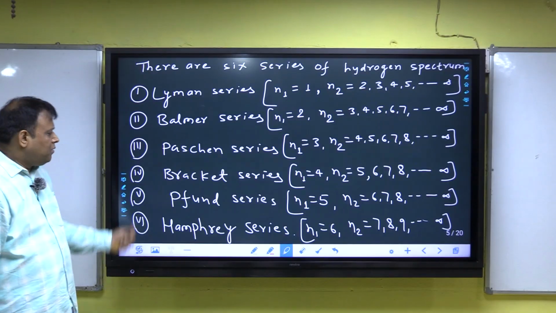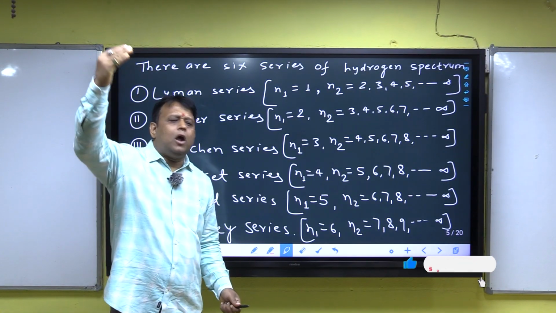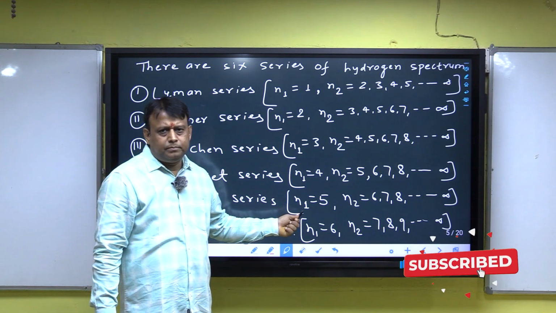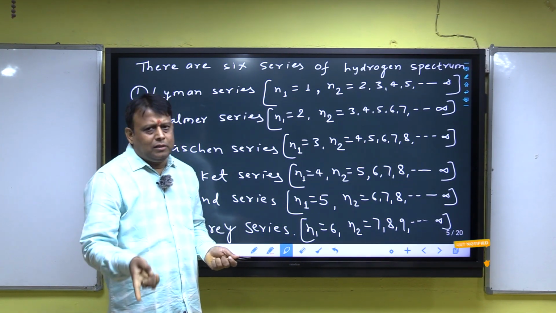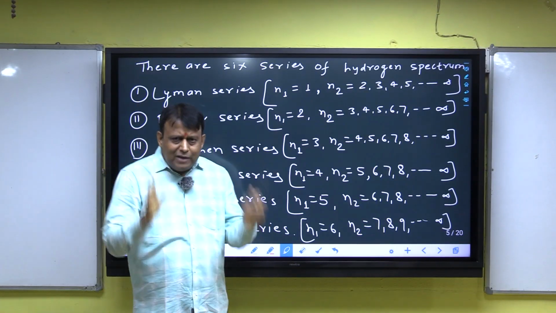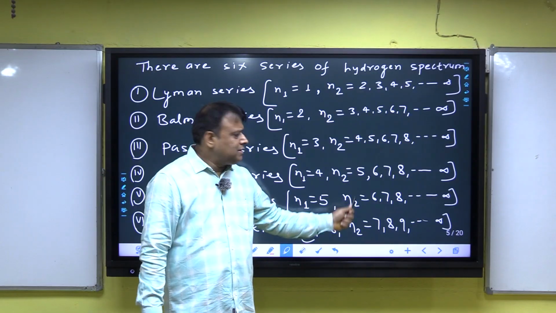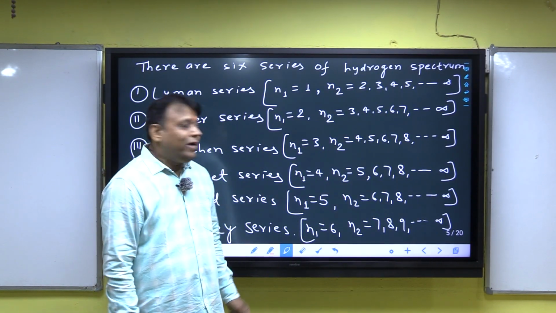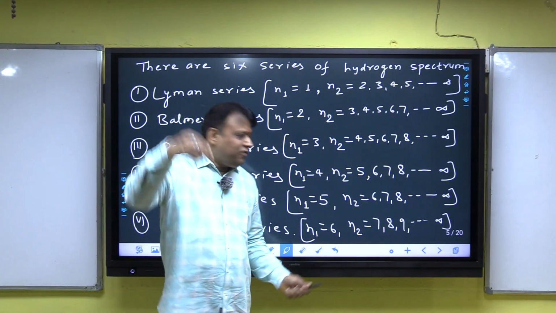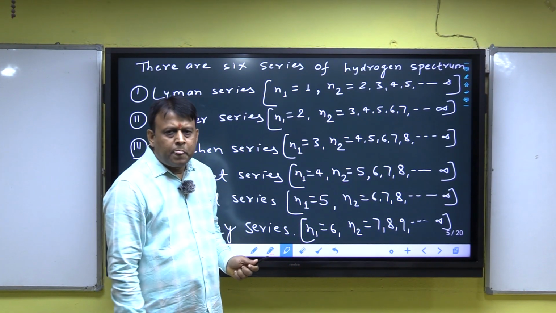Number 5, Pfund series. When an electron falls from a higher orbit to the fifth orbit, N1 is 5 and N2 is 6, 7, 8, up to infinite. When an electron falls from infinite to fifth orbit, the name of the series is Pfund.